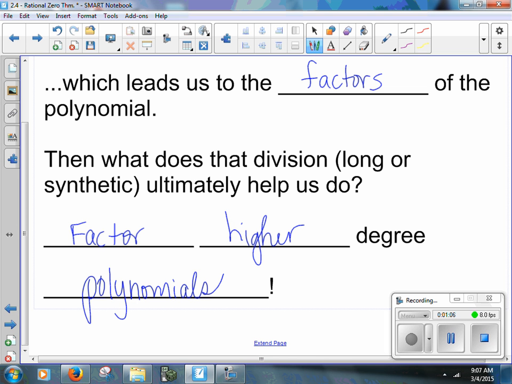Ultimately, it helps us to factor high degree polynomials, which helps us to be able to graph. Okay? Don't have to write that down at all.